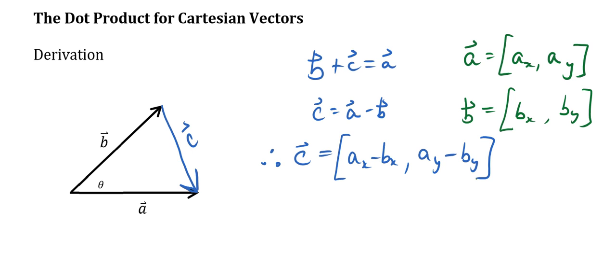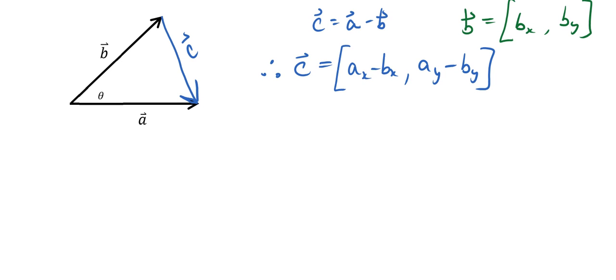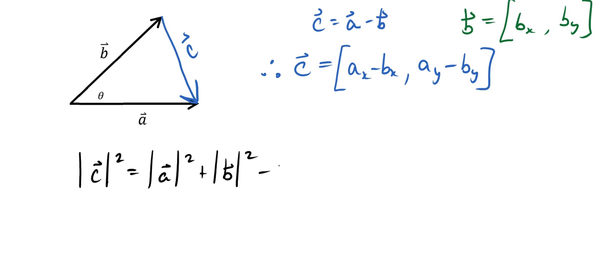Now what we're going to do for our next step is cosine law. So if I'm just thinking about the magnitudes of these vectors and I use them with cosine law, I get the magnitude of vector c squared is equal to the magnitude of a squared plus the magnitude of b squared minus 2ab, which are all magnitudes, times the cosine of the angle between them, cosine law from grade 10.